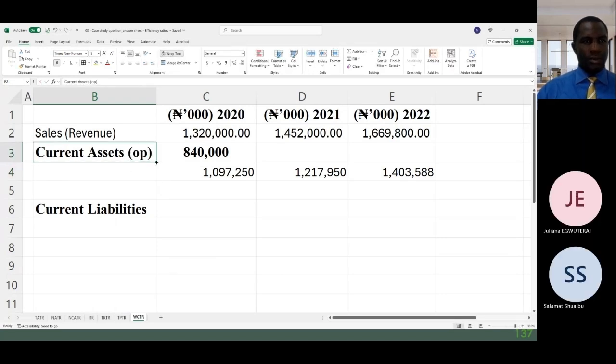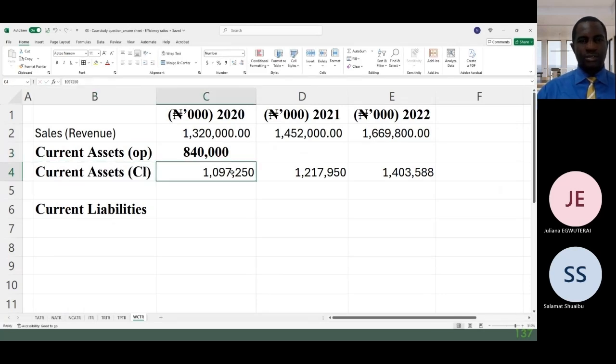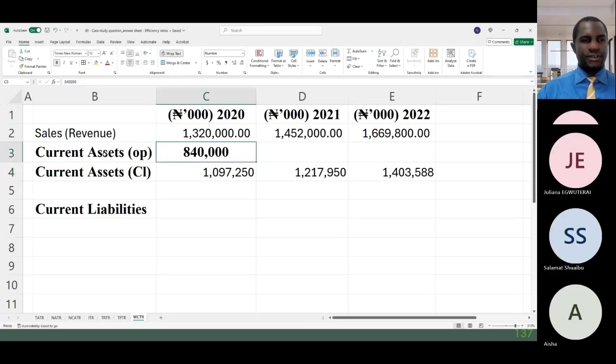I think we may have to do it this way instead of doing minus plus plus, since we have the opening and the closing.